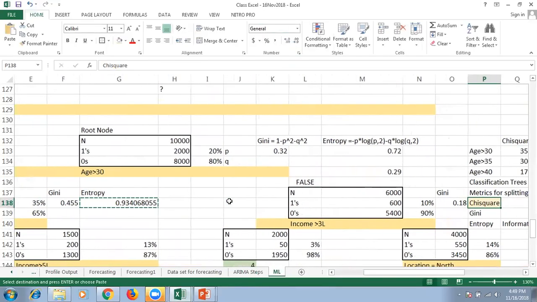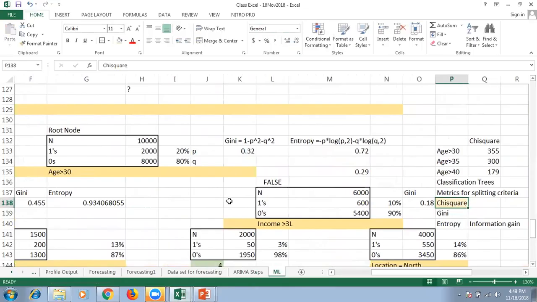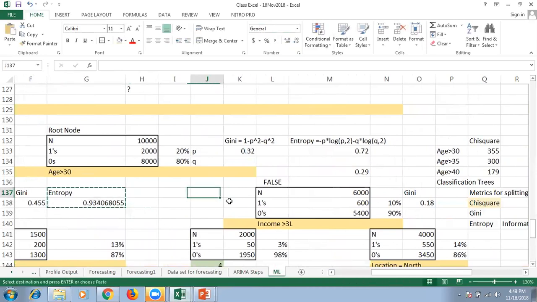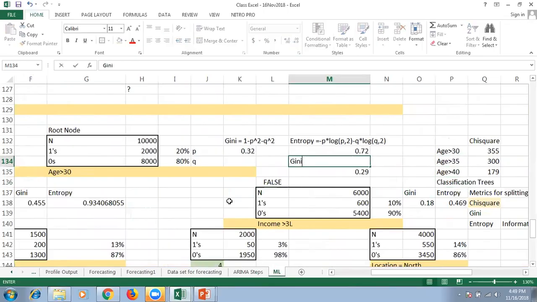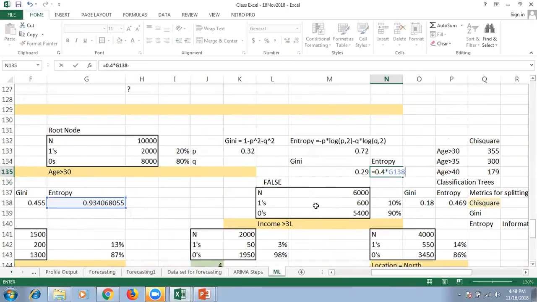Okay, what about this one? Of course, you can also do it in this manner. For the time being, this time moving this one. What is my entropy value? Again, this is the Gini at this level, and what about entropy at this level? 0.4 times this value plus 0.6 times this.